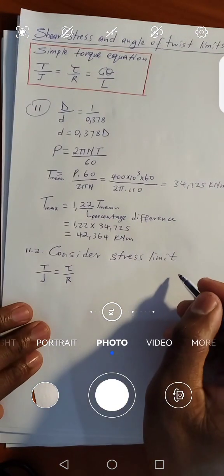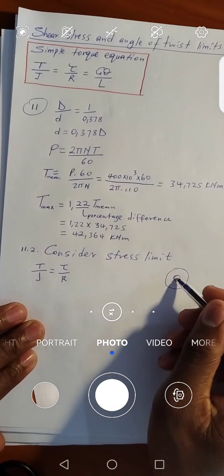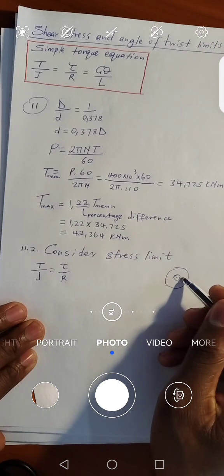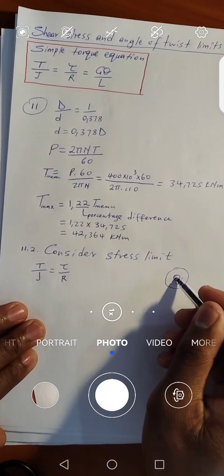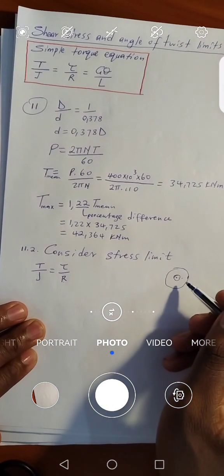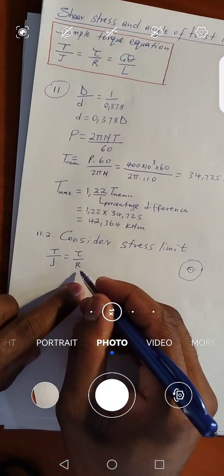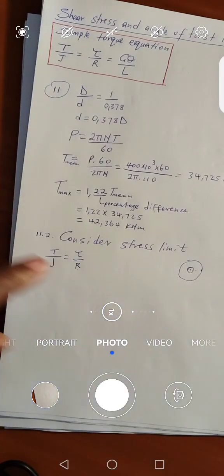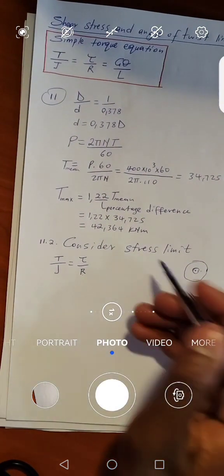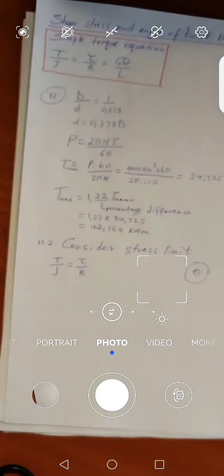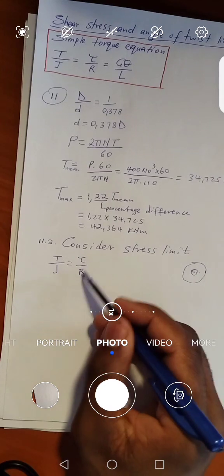If you have a hollow shaft, from here to here is still R, from the center to the outermost surface. If you have two diameters, you take the bigger diameter divided by 2 to get this R. So for a hollow shaft, remember, you will have two diameters, and R is from the big diameter.